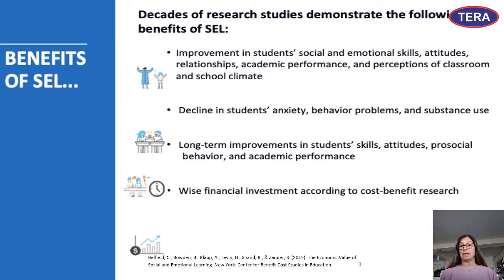The less anxiety, the fewer behavior problems, the less substance abuse, the more positive a classroom setting is, the more positive a relationship is between a leader and all the teachers, and a collaborative team approach to distributive leadership.